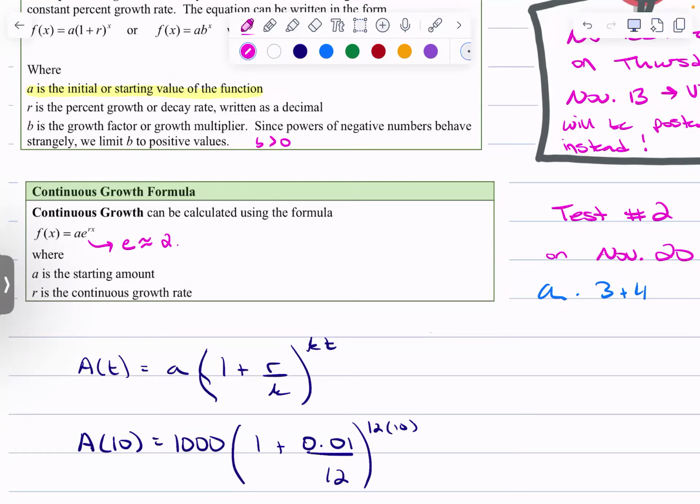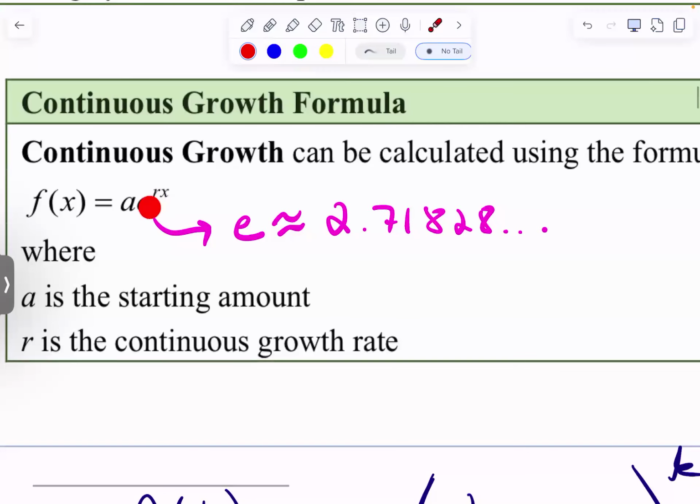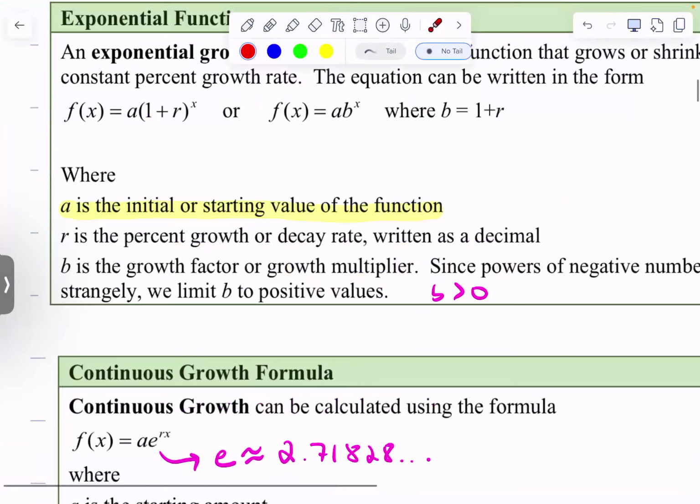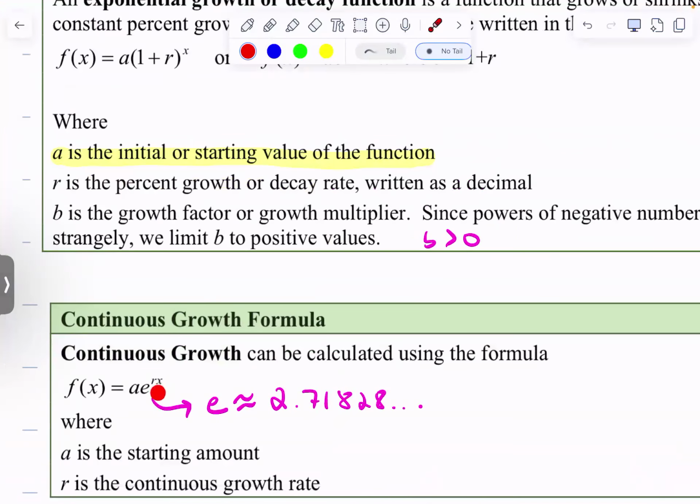On this one, it's in my alpha. E is roughly 2.71828. Just as before, A is the starting amount, right? And then R is going to be the continuous growth rate. And you might remember what makes an exponential function. Notice in both these cases I have an x in the power, or in the exponent. And so that's what makes exponential functions.